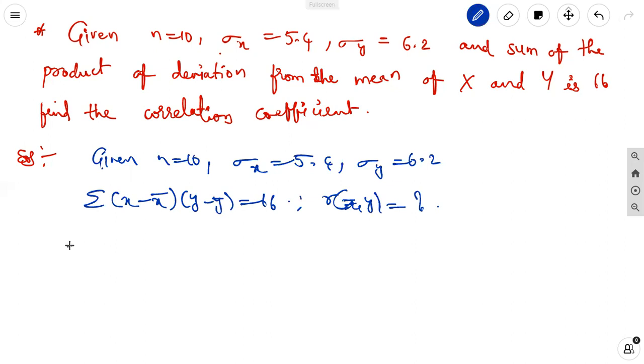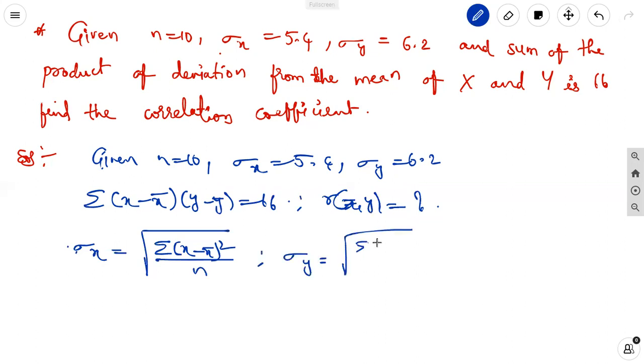We know that the standard deviation sigma x is equal to under root of summation of (x minus x bar) whole square by n, and sigma y is equal to under root of summation of (y minus y bar) whole square by n.